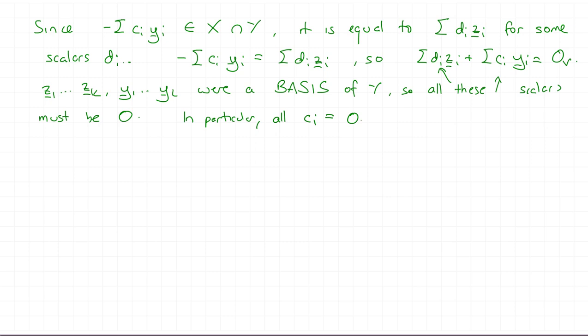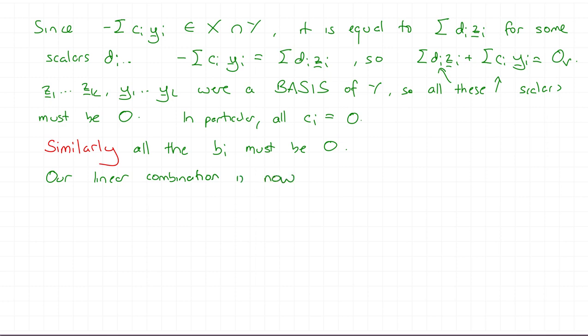Right, but we could make exactly the same argument, only instead of moving the y's onto the right-hand side, we'd move the x's onto the right-hand side, and that would tell us that all the coefficients of the x's are 0. So I will use my favorite word: similarly, all the bi's in my linear combination must be 0. So if I know the c's and the b's are 0, our linear combination is now, well, I can forget about all the b's and the c's.